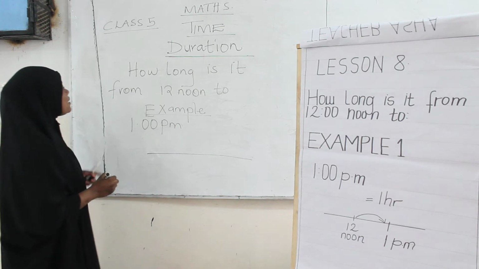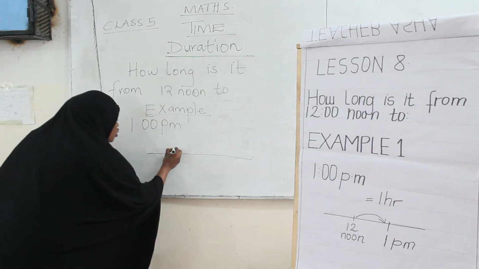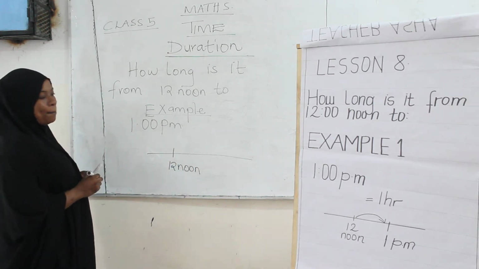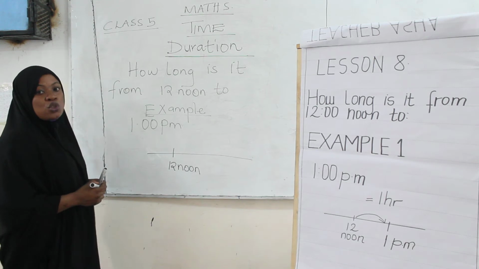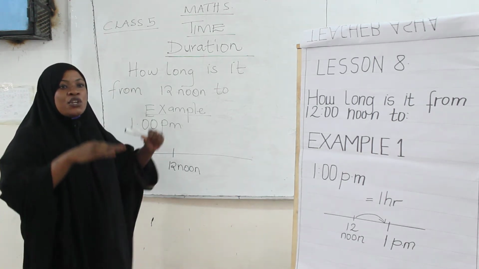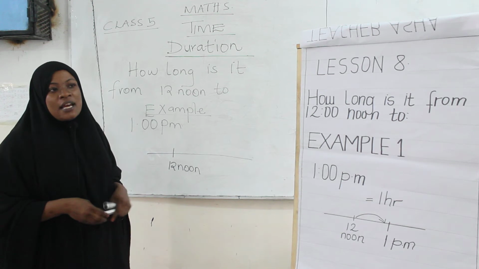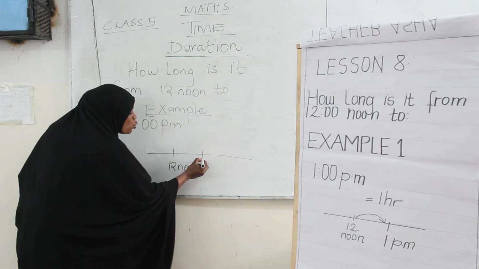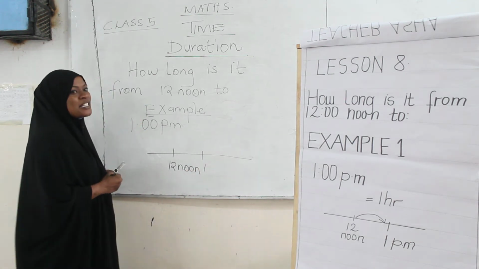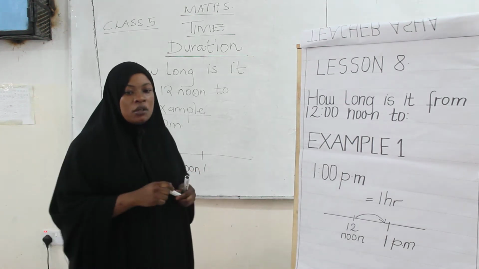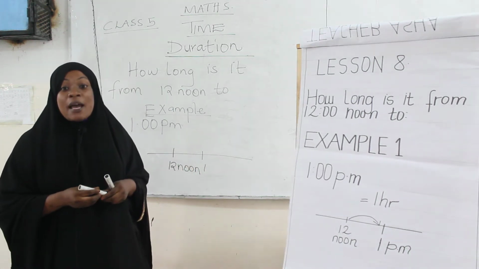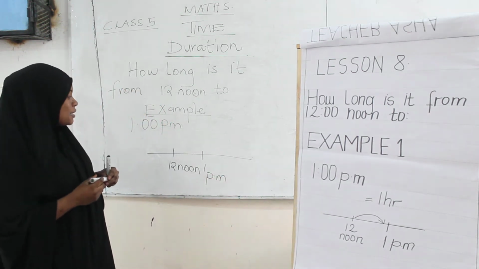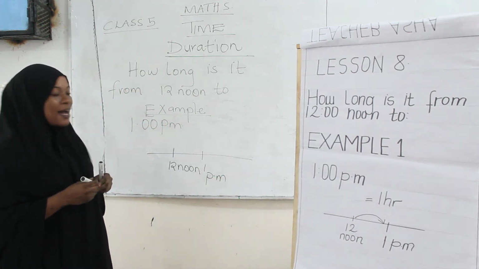So we are starting from 12 noon up to 1 p.m. After 12 we don't go to 13, because during the daytime we have 12 hours and during the night we have 12 hours. So after 12 we go to 1, and for the time afternoon, we use PM. PM means past midday.